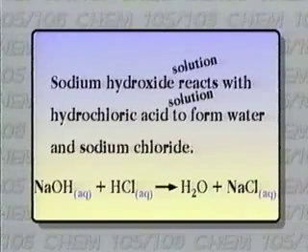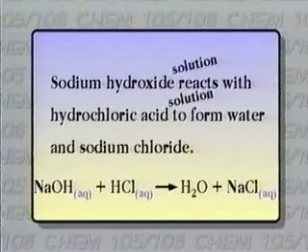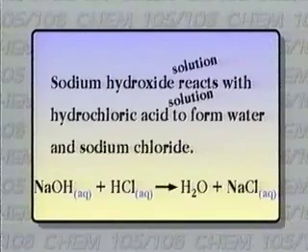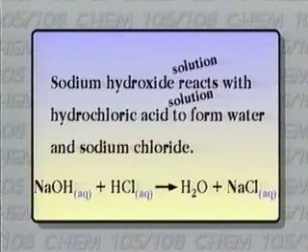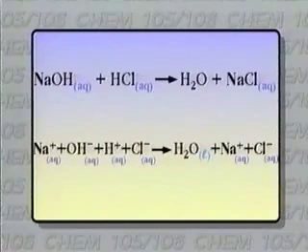Now let's think about this. When we tested the sodium hydroxide, if you wrote it down, we found that sodium hydroxide was a strong electrolyte. So it's actually not sodium hydroxide molecules, it's actually a sodium ion, aqueous, and a hydroxide ion, aqueous.